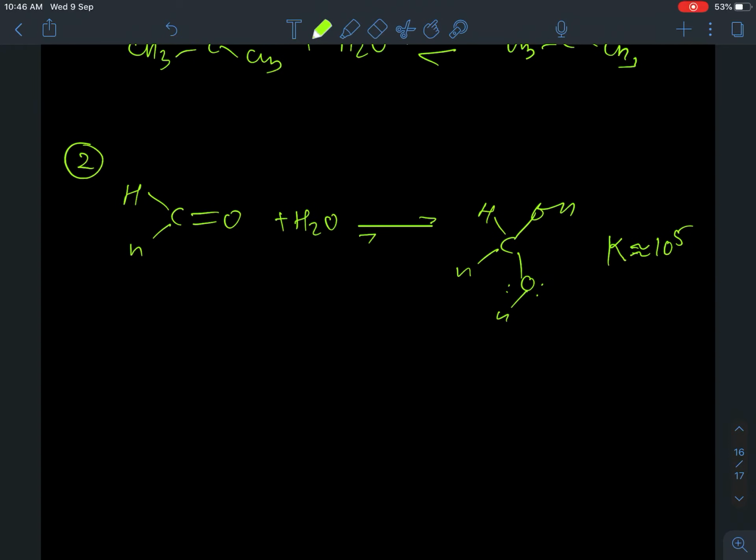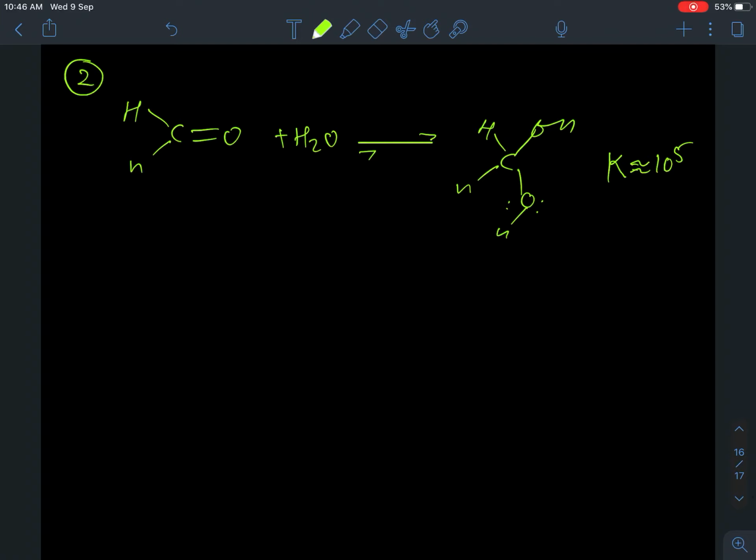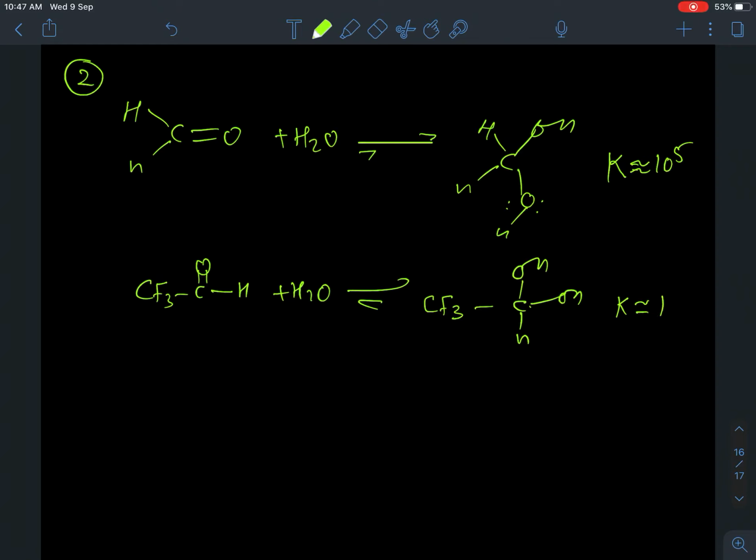Not only this, the other species, like if we replace CH3 with CF3 in this aldehyde, then in water the equilibrium constant for CF3 C double bond O going to the OH and OH form is of the order of 10 to the power 4.